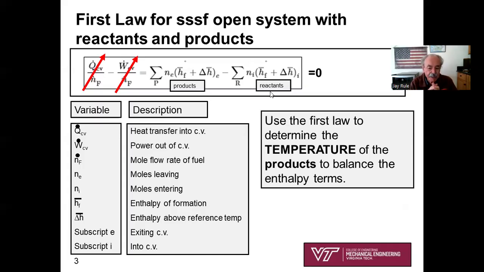So that's a common sense thing to think about: as excess air is increased in the combustion process, the adiabatic flame temperature decreases. That can help you conceivably in solving engineering and homework problems.